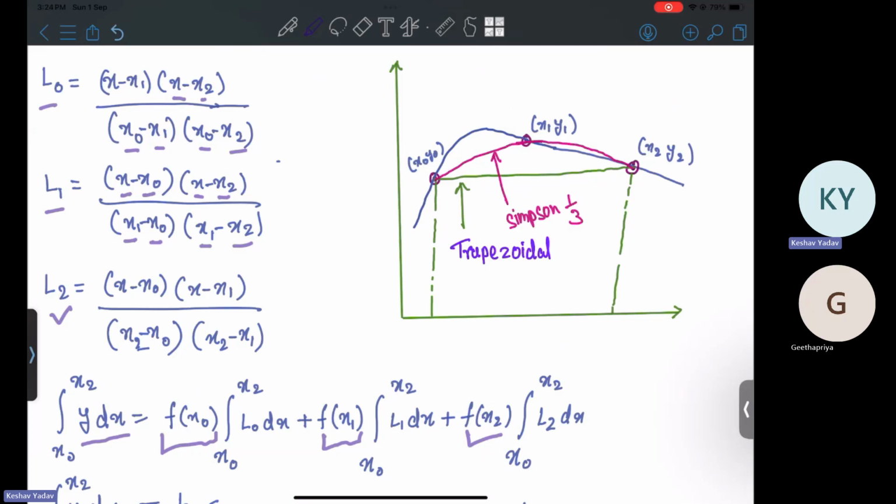If we use the trapezoidal method directly with the 2 points x0, y0 and x2, y2, this green area will be my trapezoidal area. But if I use this second order polynomial, I will find this pink color, and the area under this curve will be given by Simpson one-third rule.